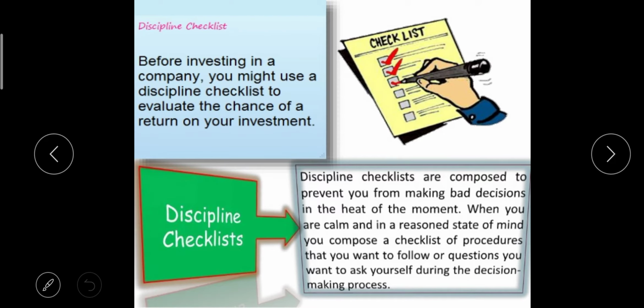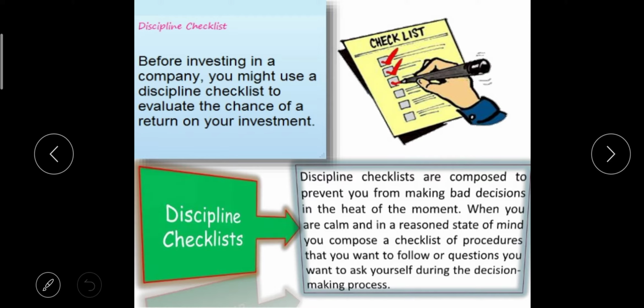Next one is the discipline checklist. Before investing in a company, you might use a discipline checklist to evaluate the chance of return on your investment. Discipline checklists are composed to prevent you from making bad decisions in the heat of the moment.